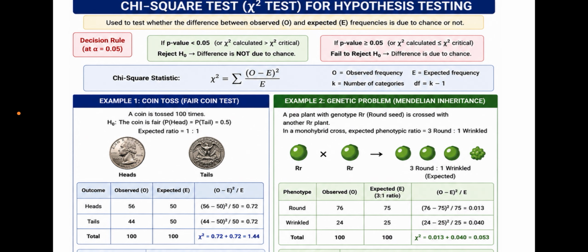For continuous data, like the height or weight of individuals, we have to use the t-test.